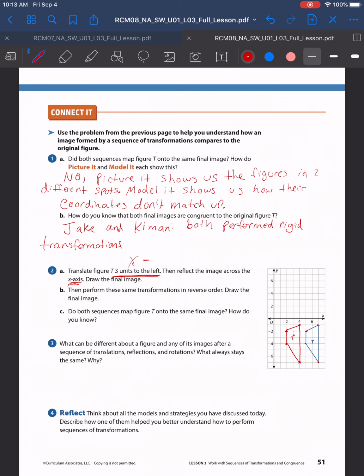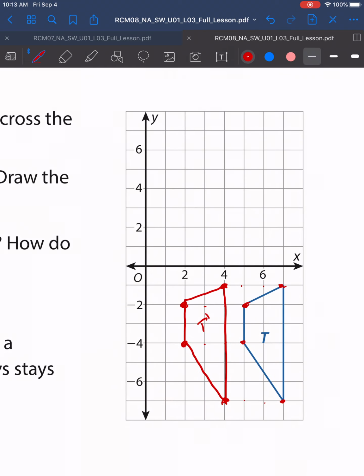Now we have to reflect it across the x-axis. So this guy is only 1 away from the x-axis, so it's going to be 1 away up here. Remember, this is our line of reflection. This guy is 2 away, so it's going to be 2 away here. It's 4 away down there, so it's going to be 4 away up here. And it's 7 away down there. I did that really fast because I looked at the numbers. Just so you know.